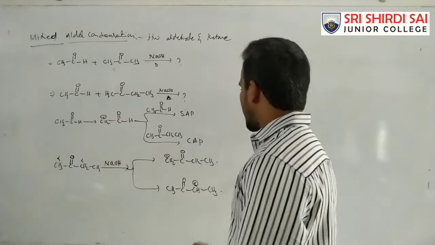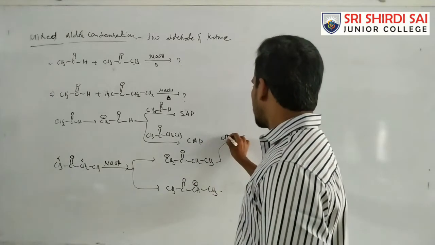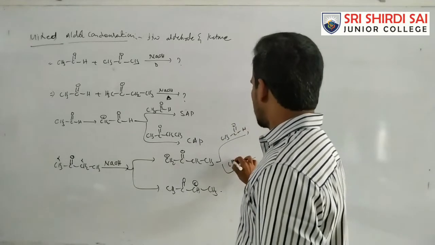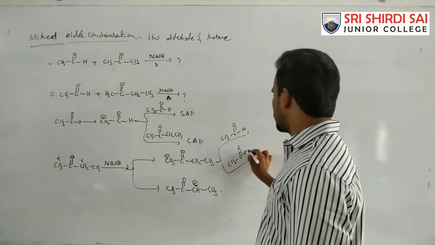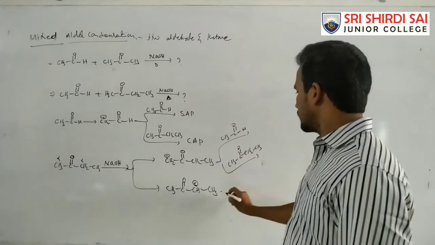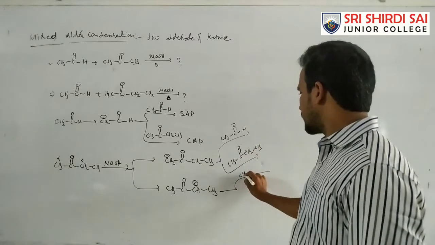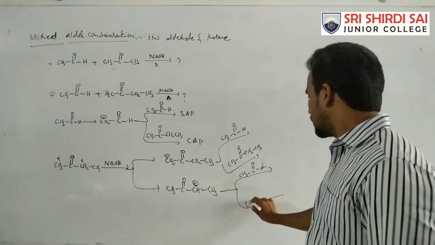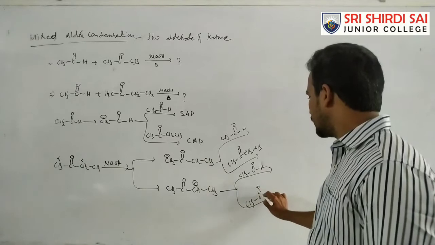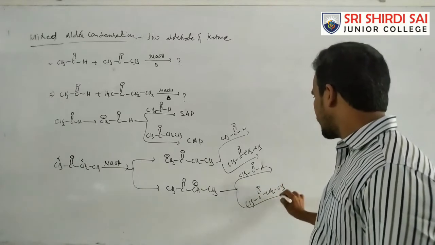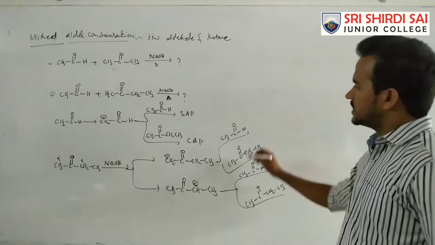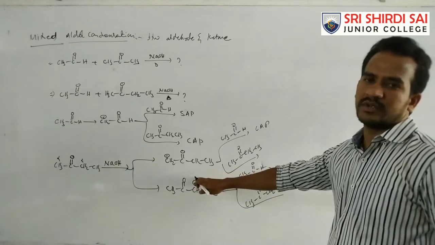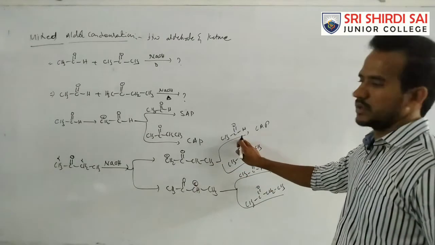Each carbanion attacks either the acetaldehyde molecule or the 2-butanone molecule. When a carbanion from one molecule attacks the other molecule, it is a cross aldol product.